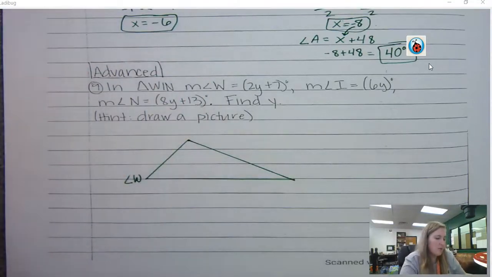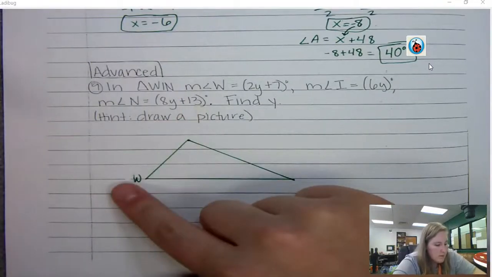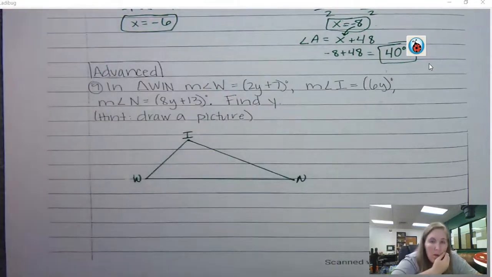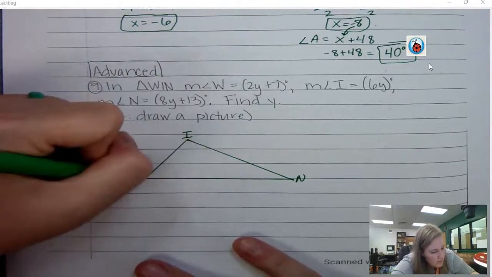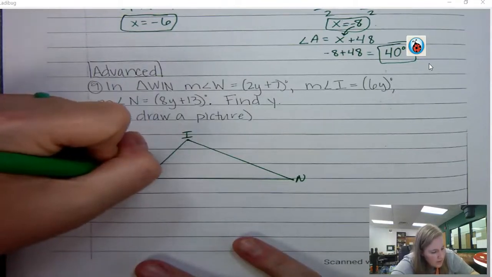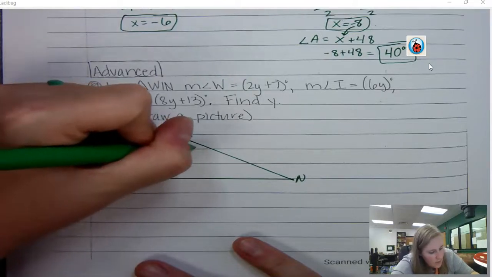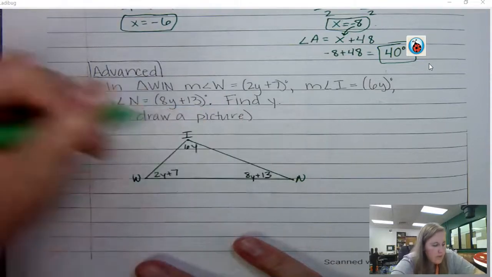I don't need to write angle. Okay. W, I, N. So those are my angles. And then I can label them. 2y plus 7, 6y, and 8y plus 13.